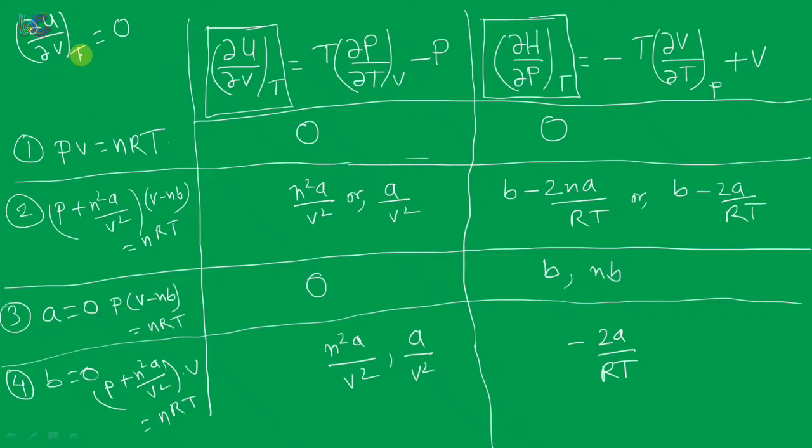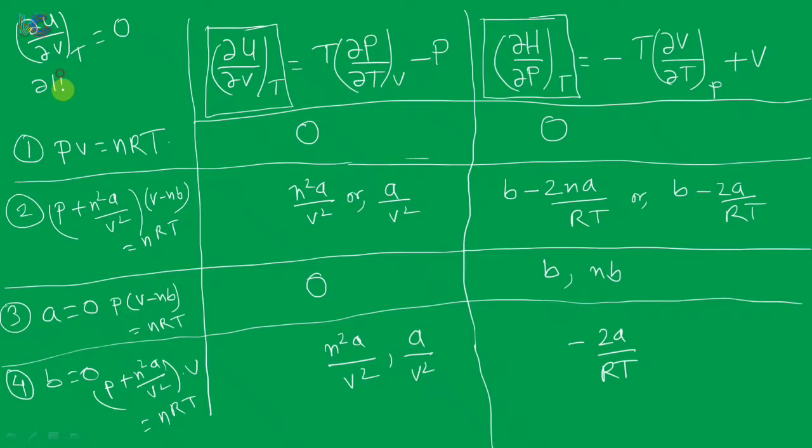From here you can say yes, the gas can be an ideal gas, but for the gas equation P into (V minus nb) is equal to nRT, that means a non-ideal gas, also del U del V at constant T is equal to 0. That means del U del V at constant T is 0 for ideal gas as well as for non-ideal gas.